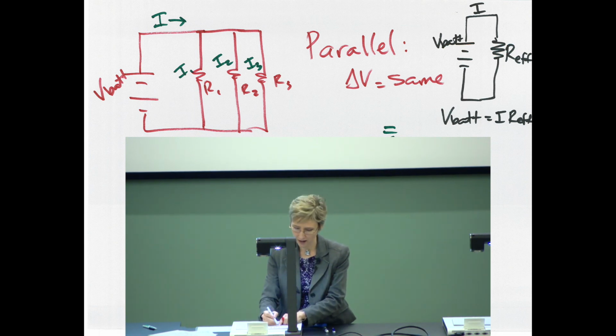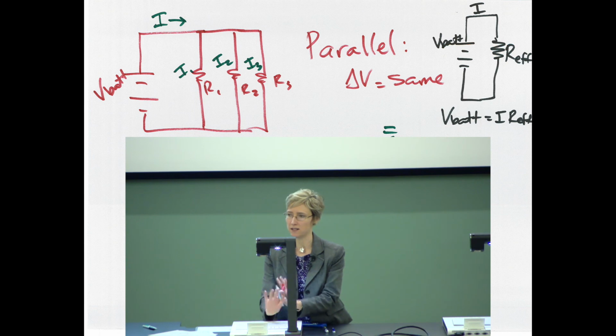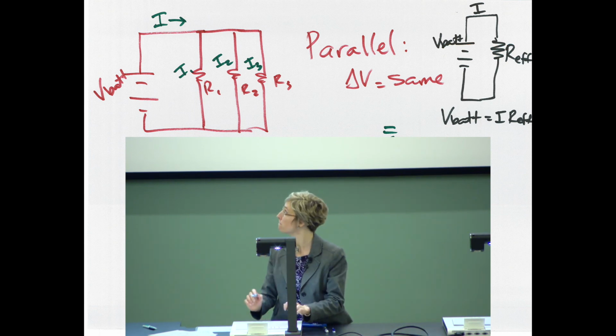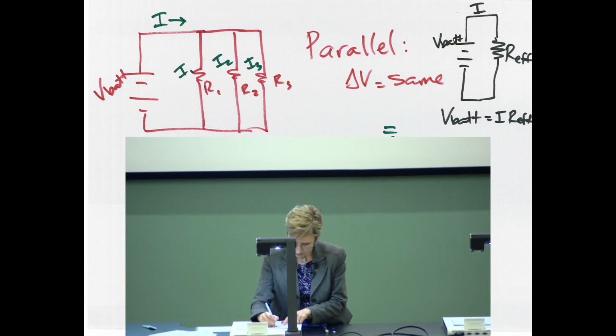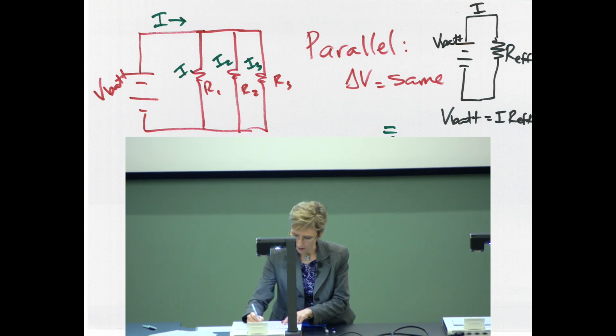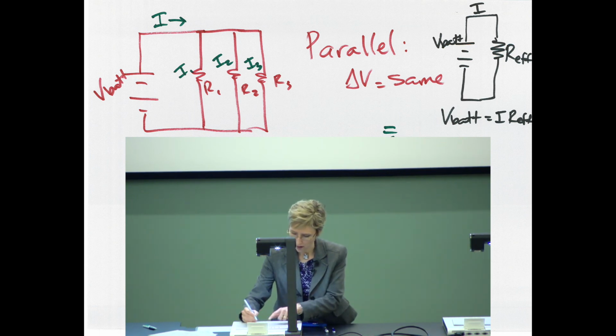And then I can see that the voltage drop across these guys is exactly the same. All right? So I have the R1, the R2, and the R3. And when things are in parallel, delta V is the same.